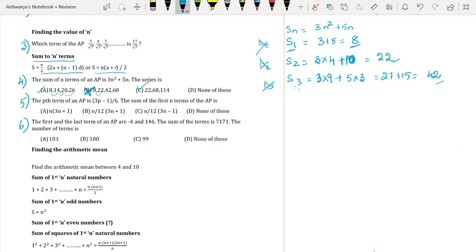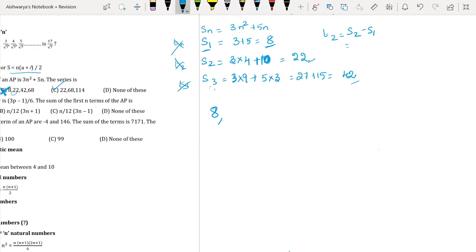So the sum of the first one term alone is 8, so your first term is 8. The second term T2 is nothing but S2 minus S1, that is the sum of two terms minus the first term. So 22 minus 8, how much is it? 14. So you will have 14 here.